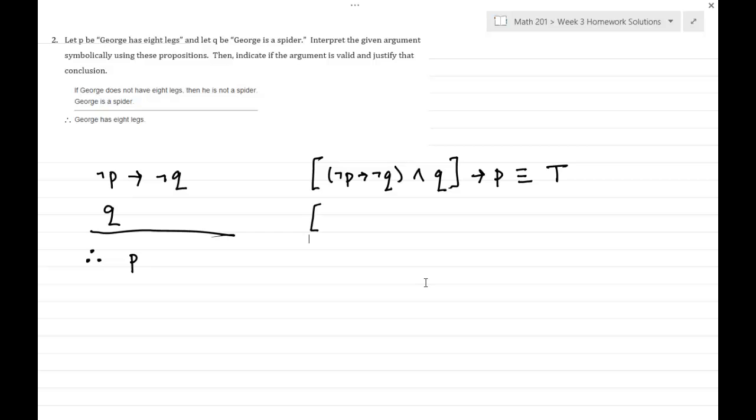So I'm going to rewrite this implication as the negation of the hypothesis or the conclusion.